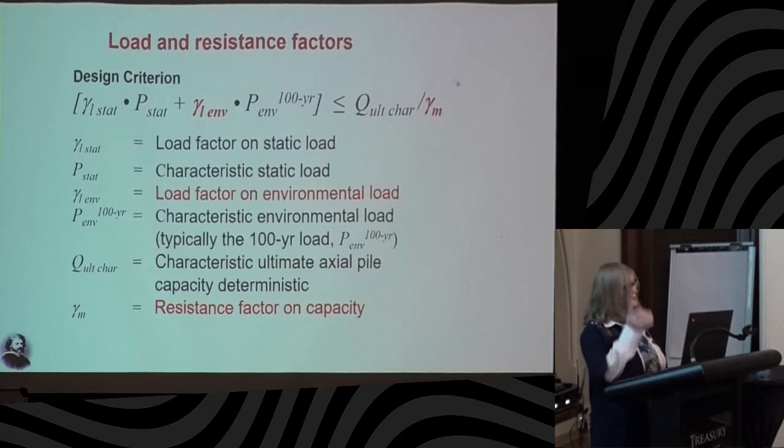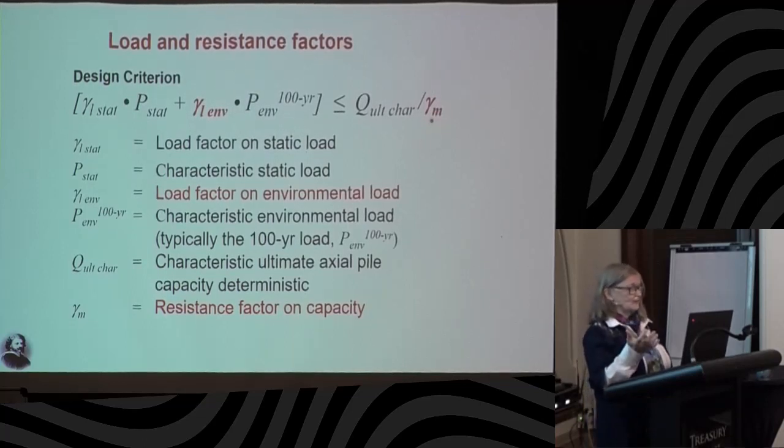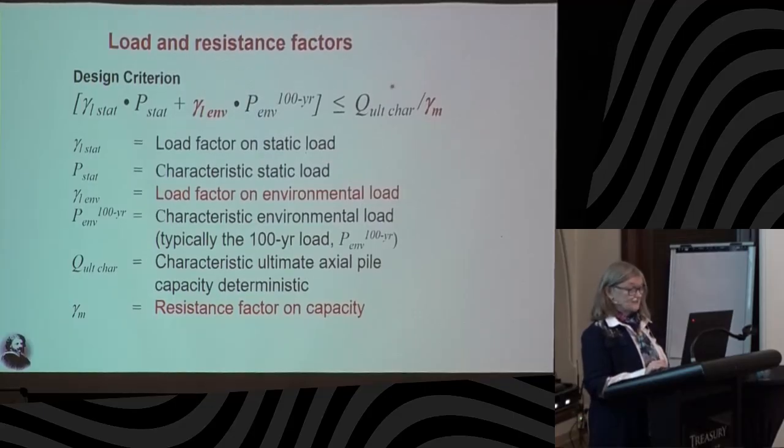And this is also reduced by a material factor. That is standard practice. It's called the partial safety method. So what we're going to look at is the necessary gamma n and the resulting safety factor probabilistically.